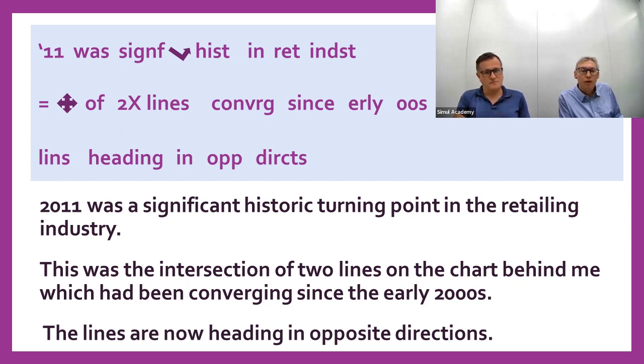And so you can see the lines are now heading in opposite directions. Okay, so those are the full sentences. And if you actually listened to this in a presentation or a news report, you would get most of the information down, particularly the keywords, by using some of the examples that we outlined to you.